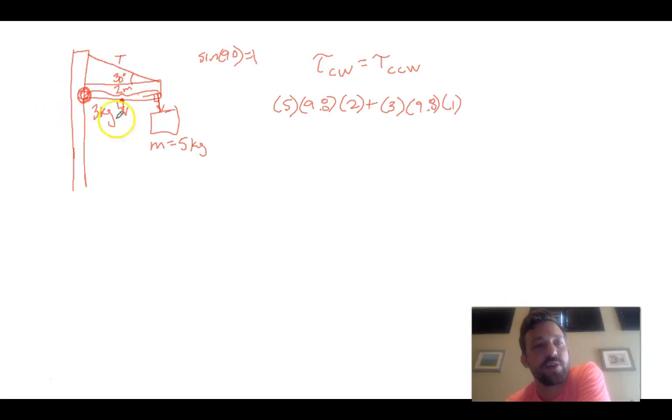Now let's look in the counterclockwise direction. Notice this force is the only thing, the force of this tension is acting in the opposite direction, but it's not perpendicular to the plane at which it's pulling up on. It's 30 degrees from the plane at which it's pulling up on. So we are going to use that trig here.